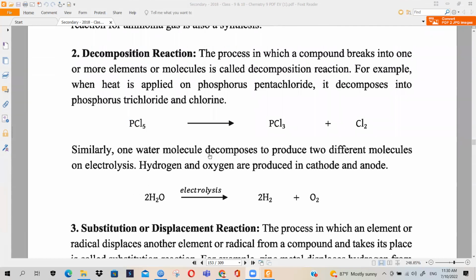Okay. Do you know what electrolysis is? No idea.